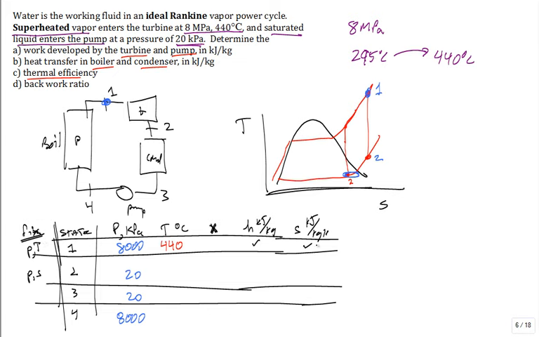So this entropy is right there. Once I know that, I can look up H. And I often find that entropy is between S of F and S of G at that low pressure. Hence, I look up the quality, calculate the quality, then I calculate H. And T is T sat, the saturation temperature at that low pressure.